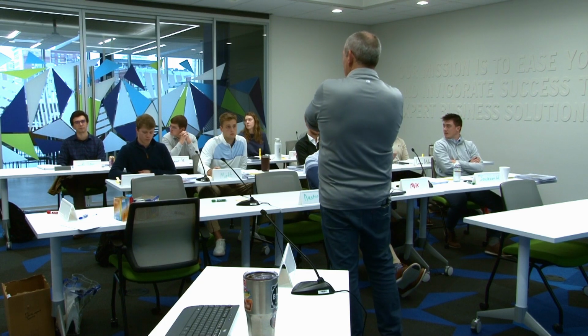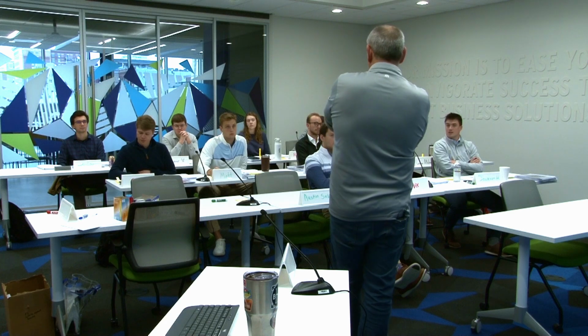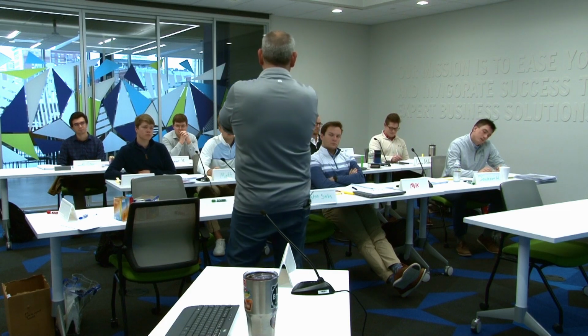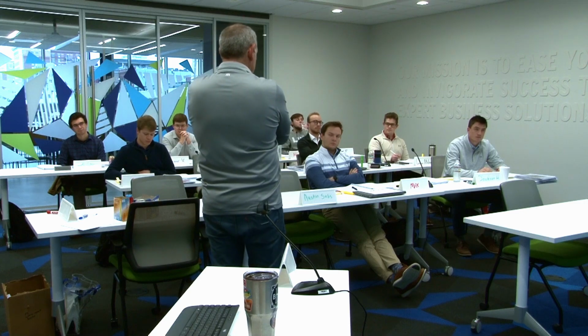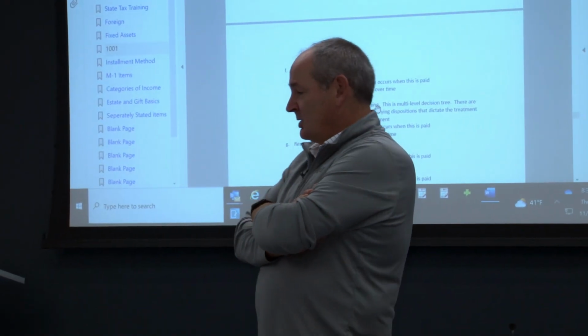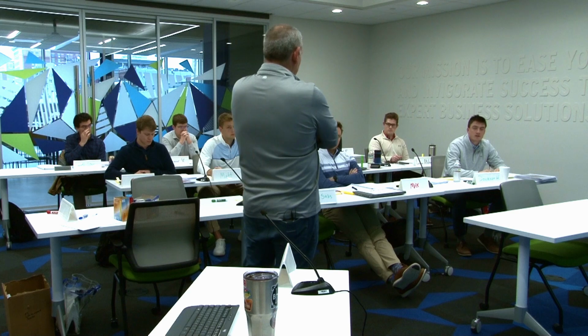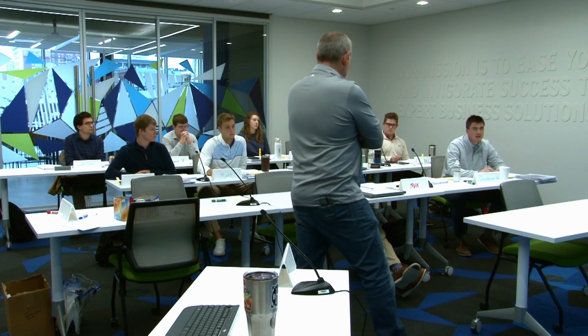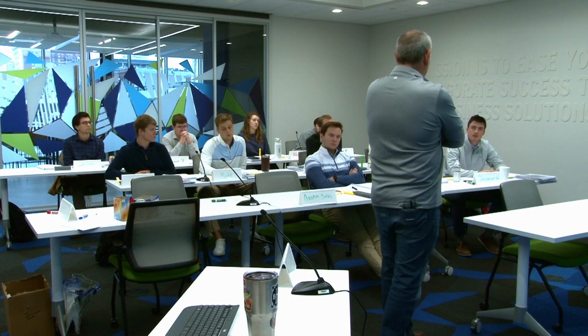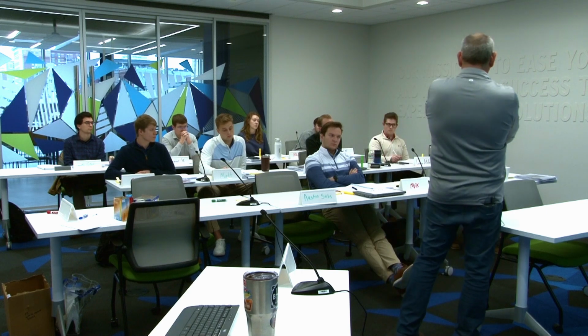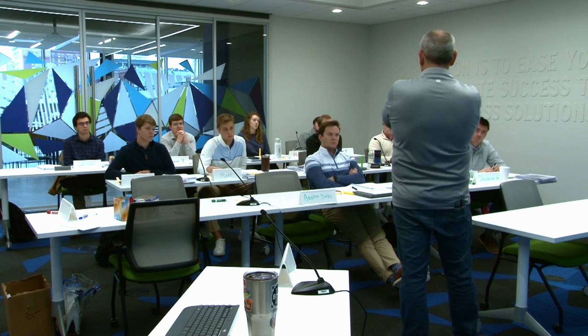Is that like what income is? Yes, income. It defines income. So anytime you have an accession to wealth, 61 says, unless there's an exclusion, it's income. Did you have an accession to wealth? How much? I got $500 of value. Yeah, but how much did you have to pay for it? Oh, sorry, 100. So there's $400 of accession to wealth.